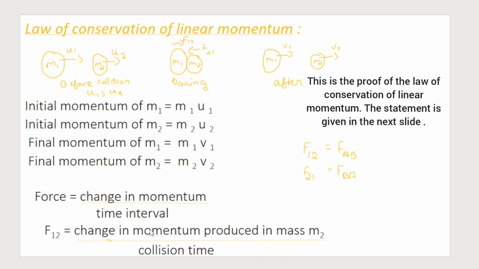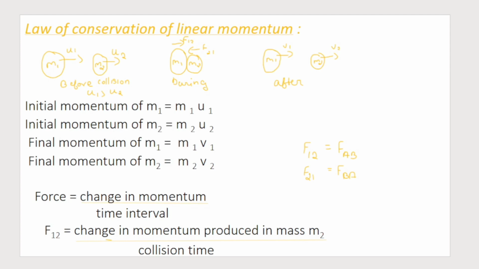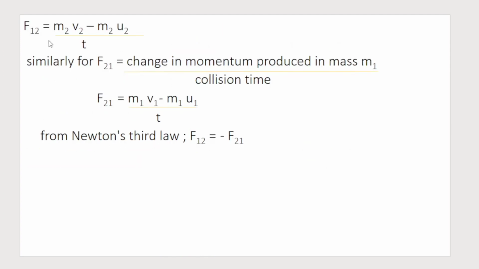Change in momentum here is final momentum minus initial momentum of m2. We get F12 is equal to (m2 v2 minus m2 u2) by t. Also it will be delta t here because collision time is very small.